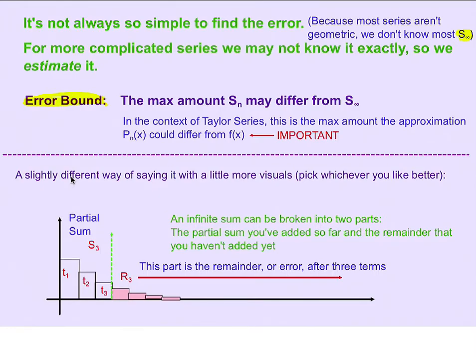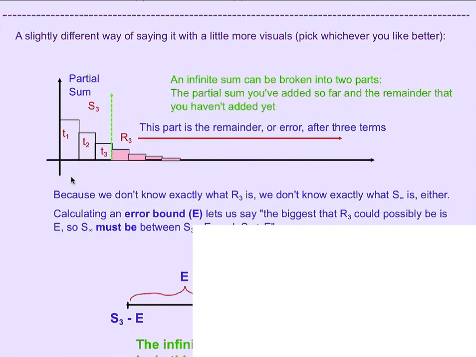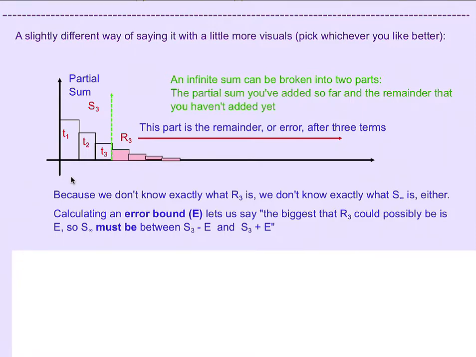The error bound is all about figuring out how big all of this might be. Because we don't usually know exactly what R3 is, we can't calculate that. We don't know exactly what the infinite sum is either. Like the two are dependent on each other.